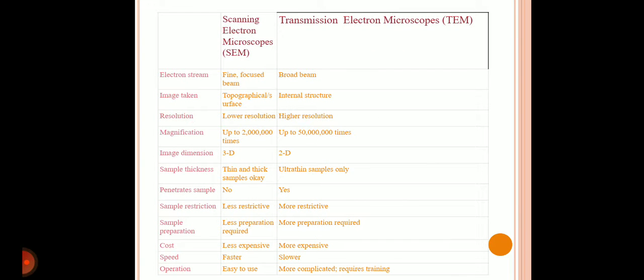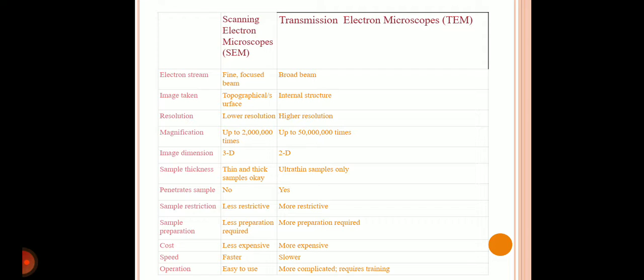So next is the difference between scanning electron microscope and transmission electron microscope. Electron stream. In a scanning electron microscope, it is a fine and focused beam. In a transmission electron microscope, it is a broad beam. Image taken.